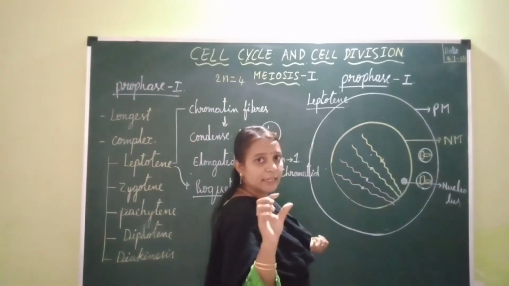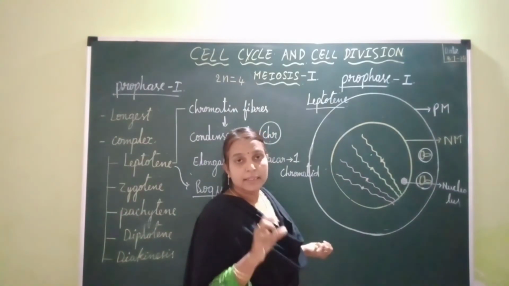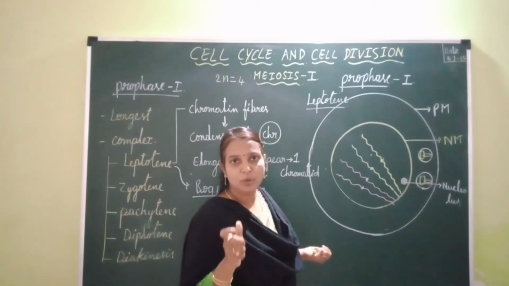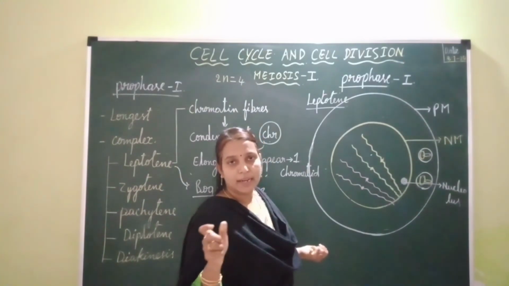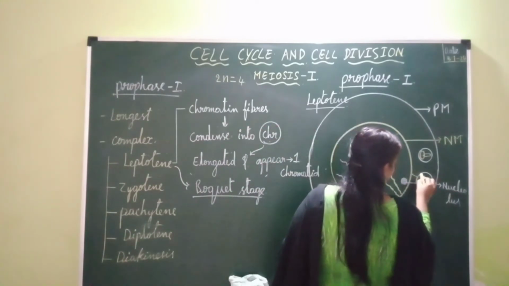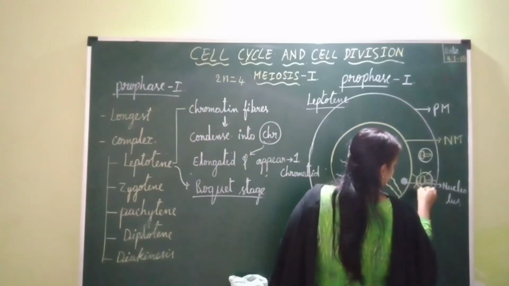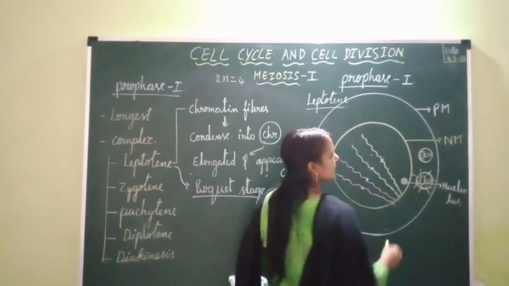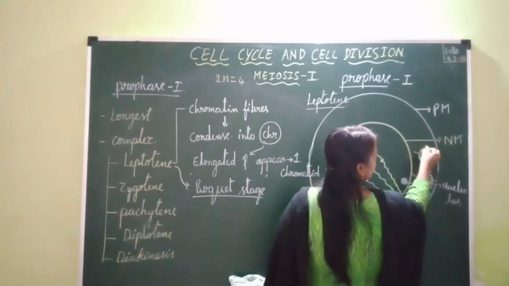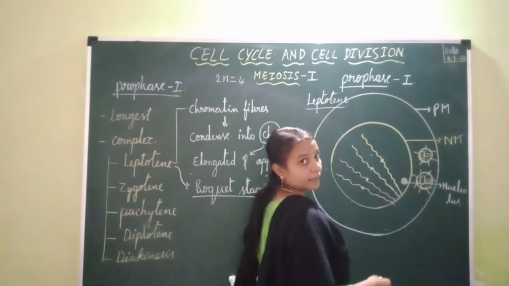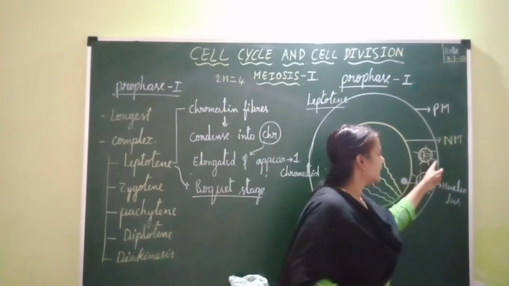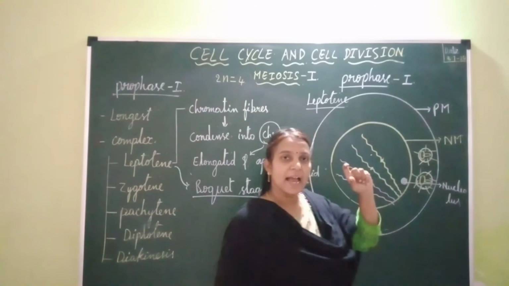Around these centrioles, the centrosome matrix is present. It functions as an MTOC, a microtubule organizing center, from which microtubules originate, radiating from the centrioles and centrosome. These radiating microtubules are called astral rays.